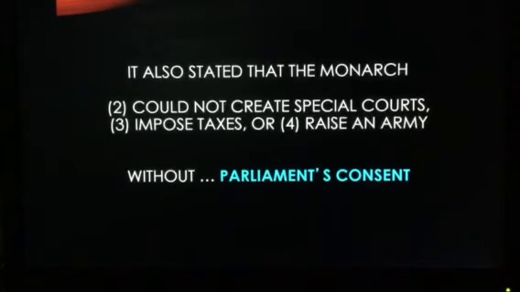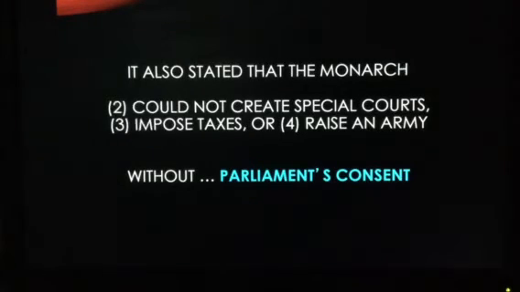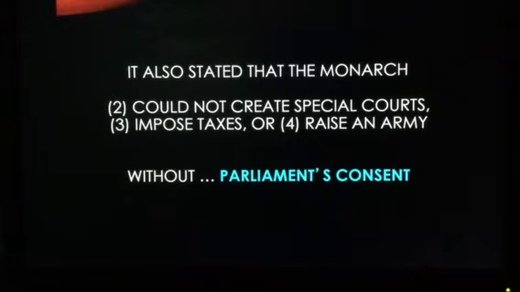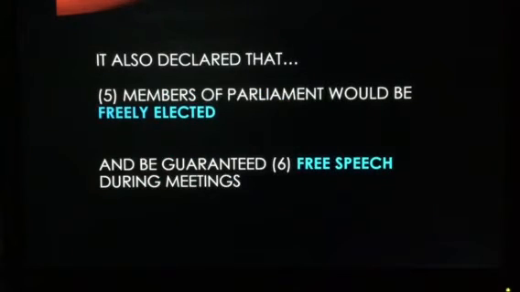Could not impose taxes, number 3, or raise an army, number 4, without Parliament's consent. The English Bill of Rights also declared that 5, members of Parliament would be freely elected and that members of Parliament, 6, would be guaranteed free speech during meetings of Parliament.